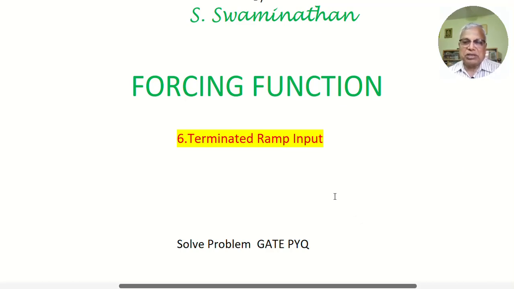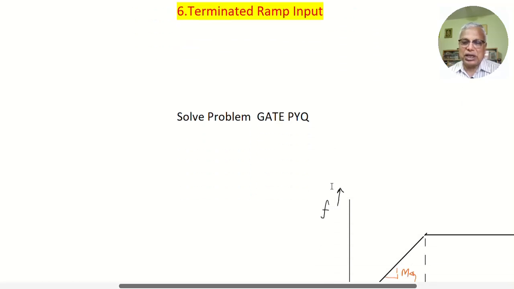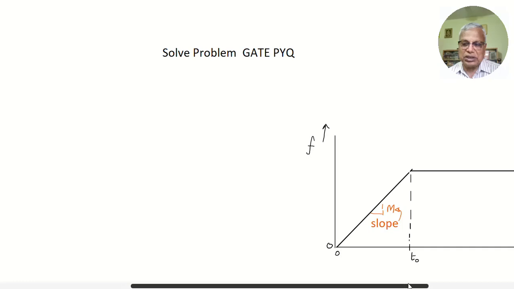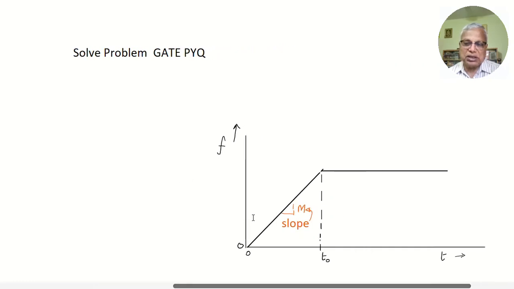Well, what is a terminated ramp input? We know ramp input. A ramp function is also known as a linear function. It is one which varies linearly with time, or we can say a function whose value changes at a constant rate. The slope is constant. So that is linear input.